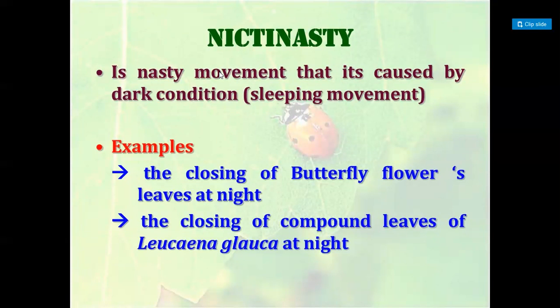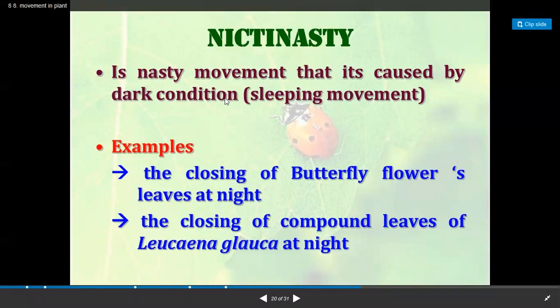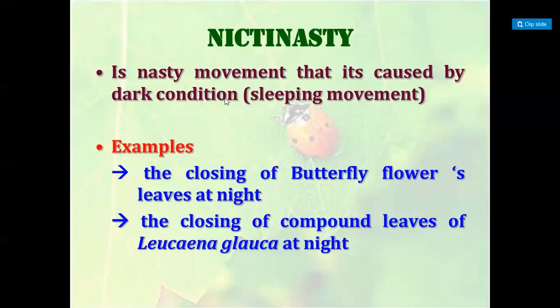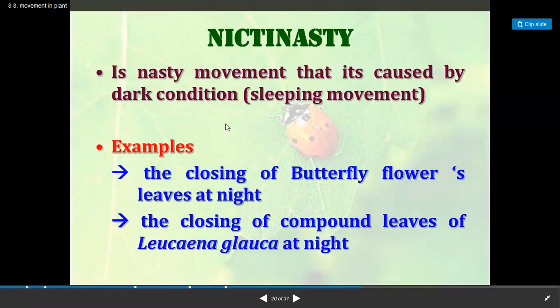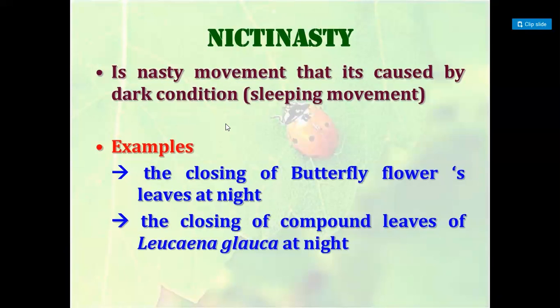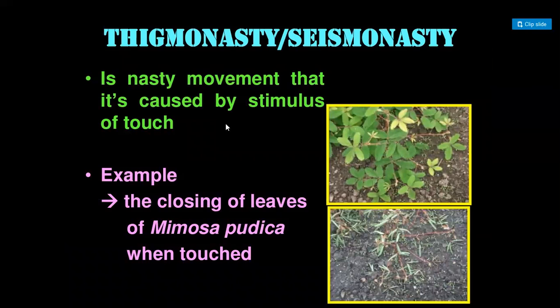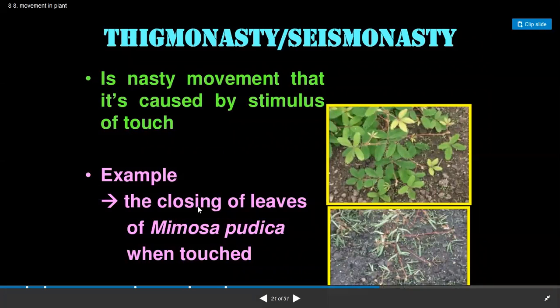Nyctinasty is the nastic movement caused by dark conditions, a sleeping movement, like the closing of compound leaves at night. During the night time, they close. That movement is nyctinasty. Thigmonasty is the movement caused by the stimulus of touch. In the touch-me-not plant, Mimosa pudica, the leaves close when we touch them.